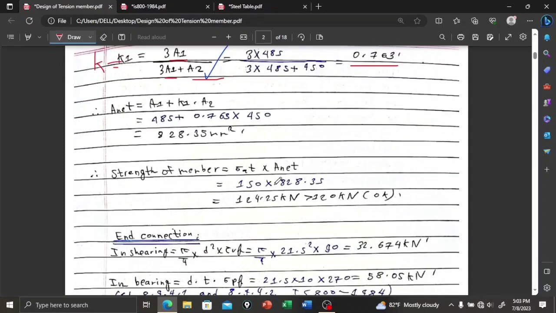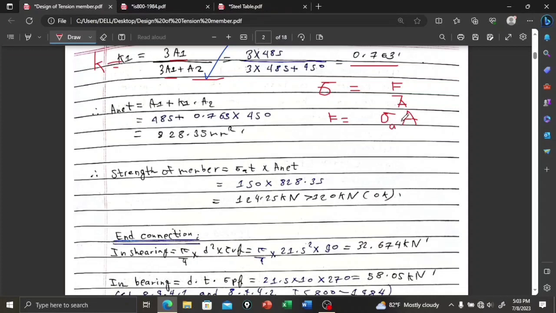Strength of member. This formula I have already shown. Stress is equal to force divided by area. So strength is the maximum force that can be resisted without failure. It's equal to sigma A. So strength means that capacity, the maximum force which can be withstood by the member safely.